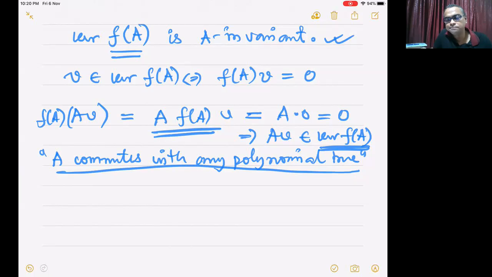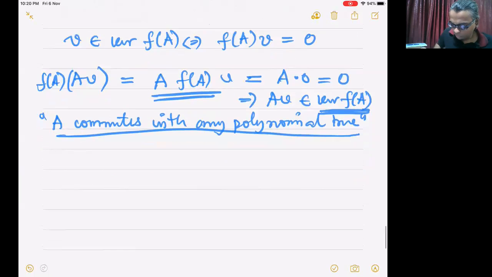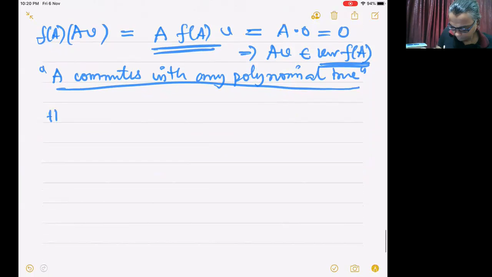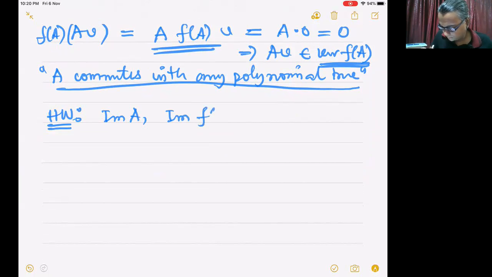Here goes a homework for you. Show that the image of f(A) is also an A invariant subspace. Check this. That is your homework.